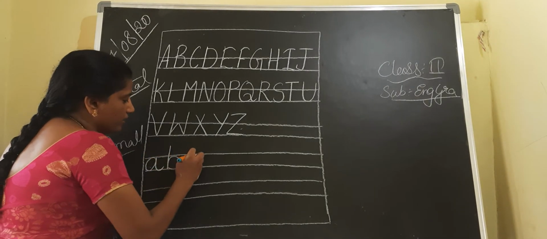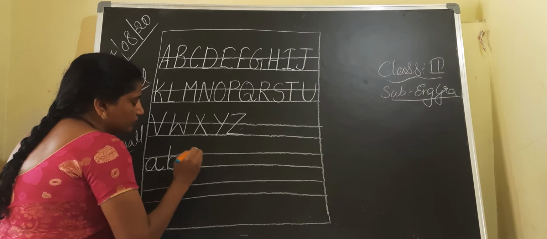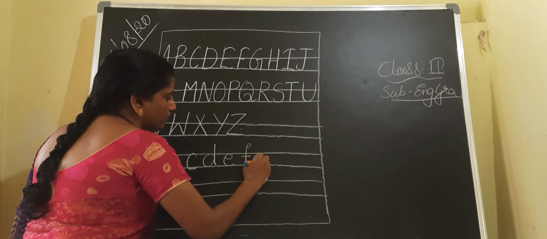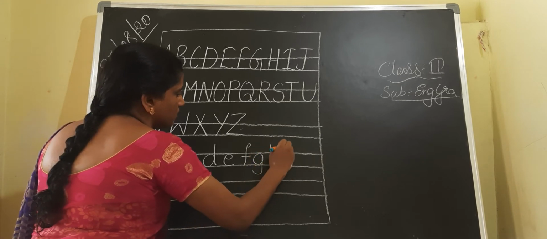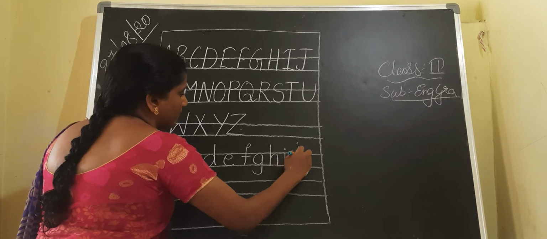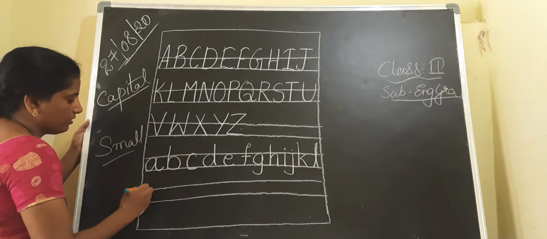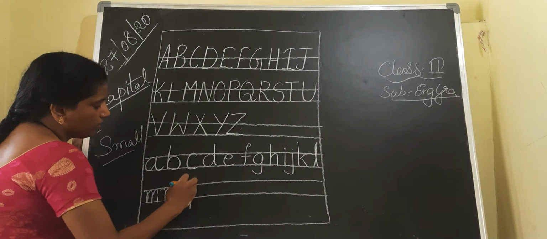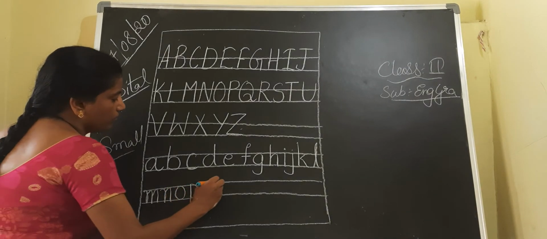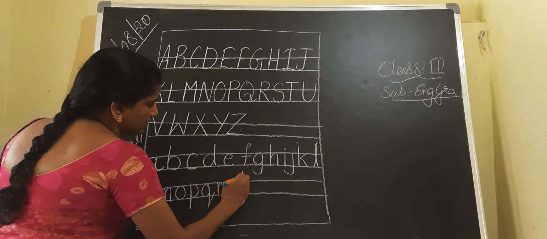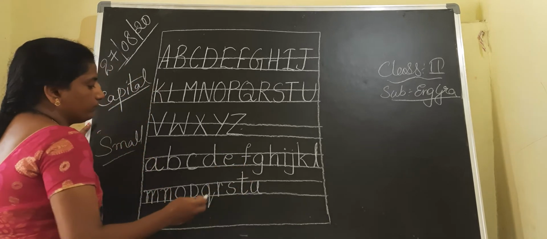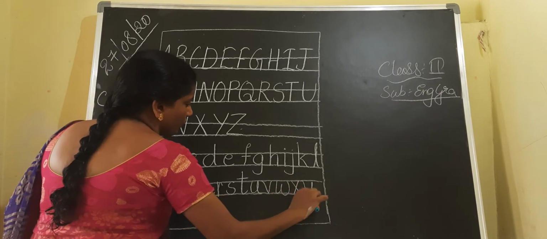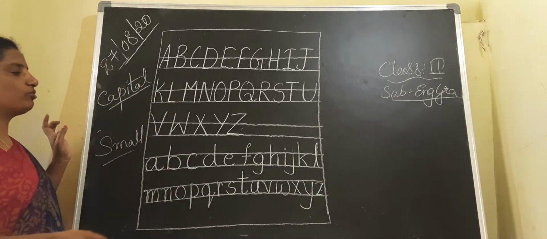A, B, C, D, E, F, G, H, I, J, K, L, M, N, O, P, Q, R, S, T, U, V, W, X, Y, Z. This is how we have to write the small letters.